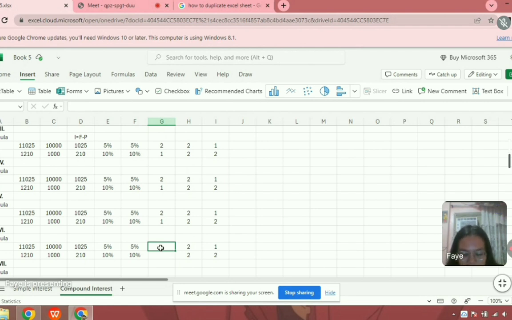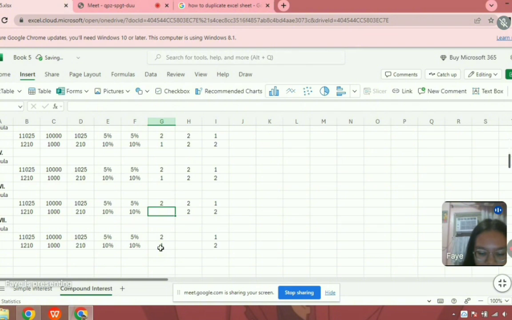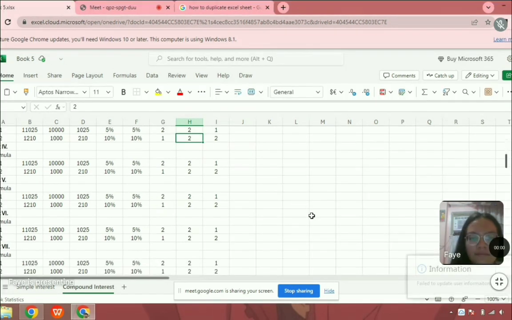M here is 1 log of 1 plus I here, interest is 5%, over m is 1. So we get 2. Next, we have log 1210 over 1000.